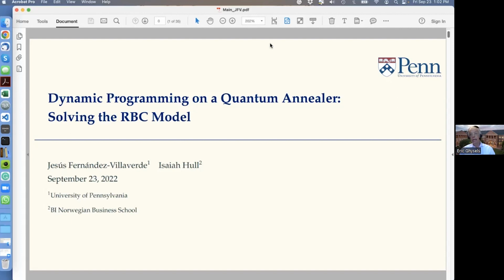And today's speaker is really an expert on this. I am delighted that the profession is starting to pay attention to the possibilities of quantum computing, and I'm really looking forward to this talk.